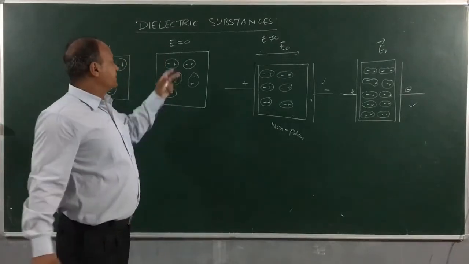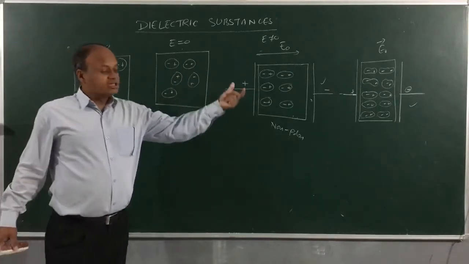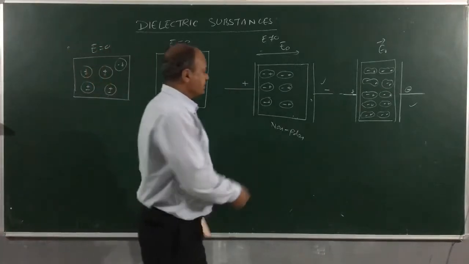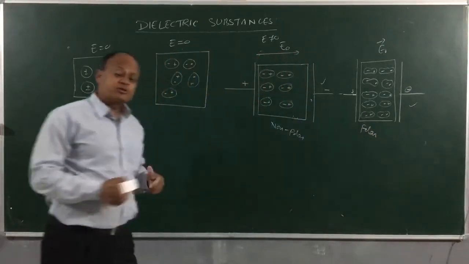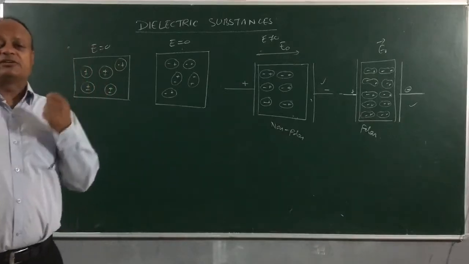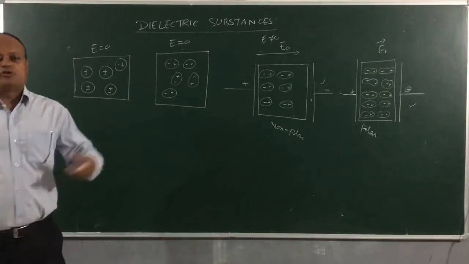Positive charge will move in the direction of the applied electric field, and negative charge will move opposite to this in case of polar dielectric. So I'm sure you understand the concept that when we apply electric field across the dielectric slab, it will be polarized, it will be charged.